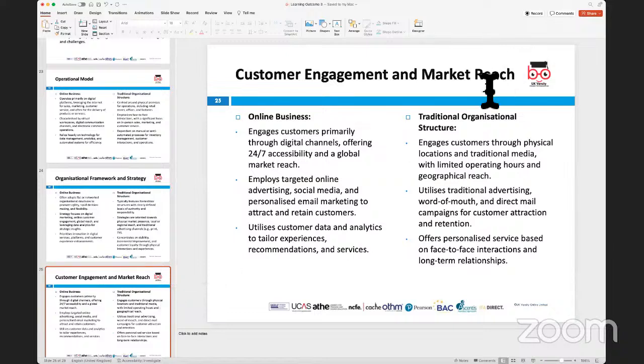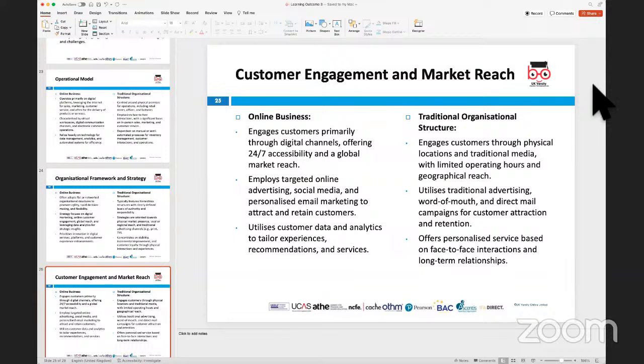One example of market reach would be why a lot of businesses have created an online presence: it allows them to reach customers 24/7, not just in their geography, but beyond countries and beyond geographies. And that is one of the reasons a lot of businesses have now started to have an online presence, because it allows them to reach customers in different locations and different geographies.